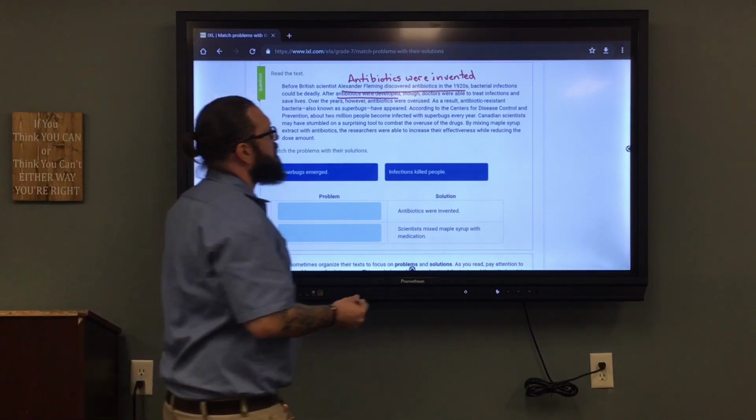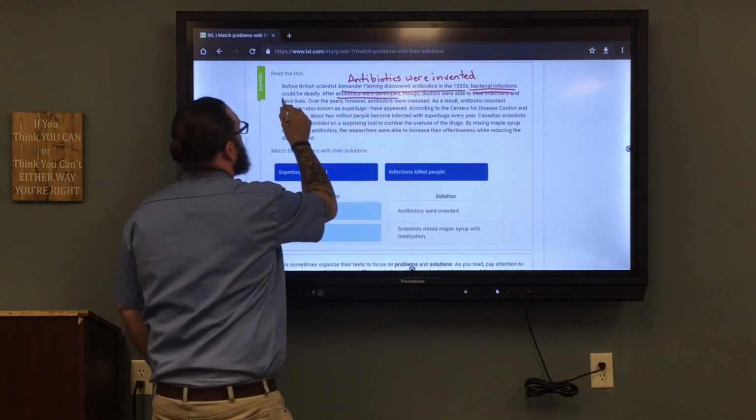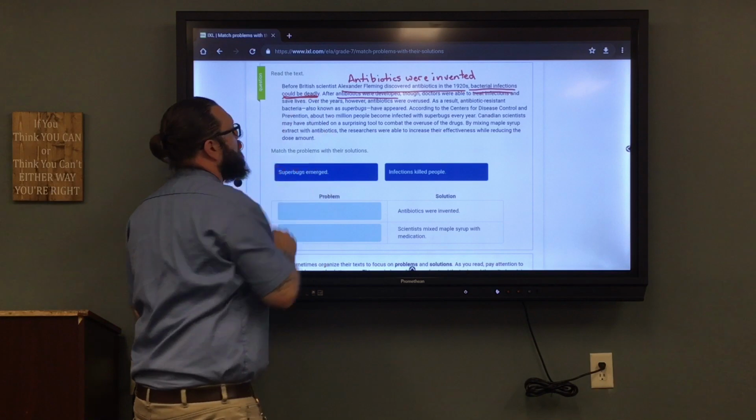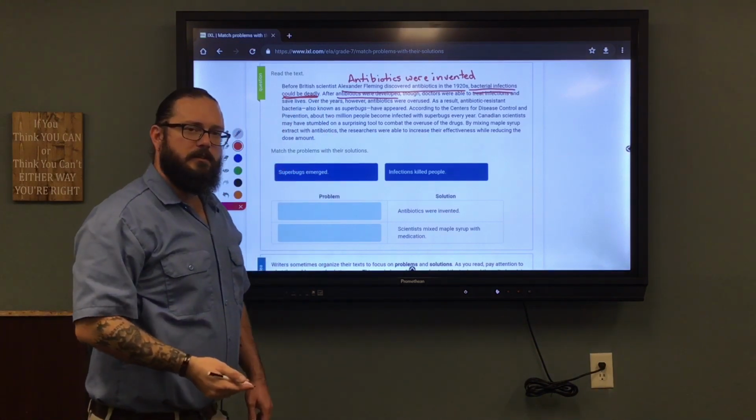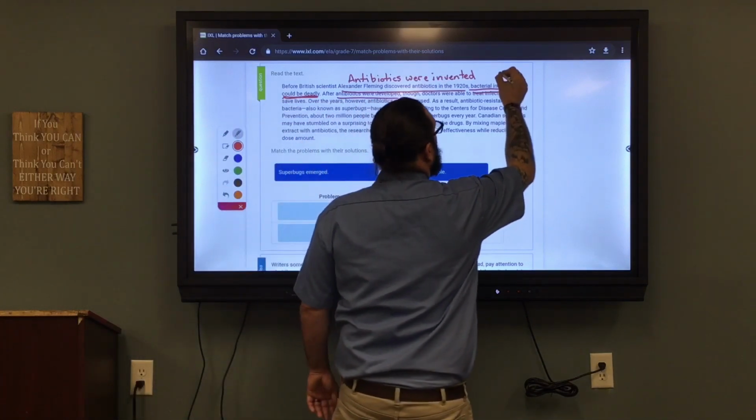Bacterial infections could be deadly. So in other words, infections were killing people.